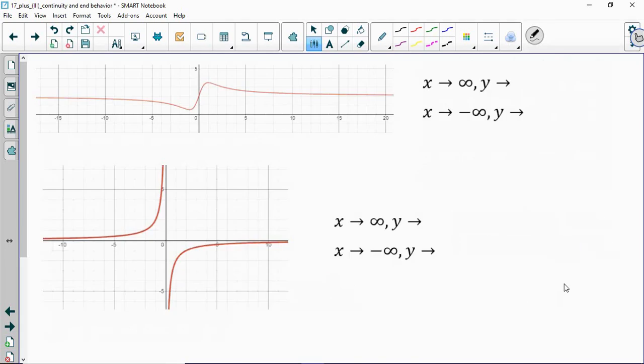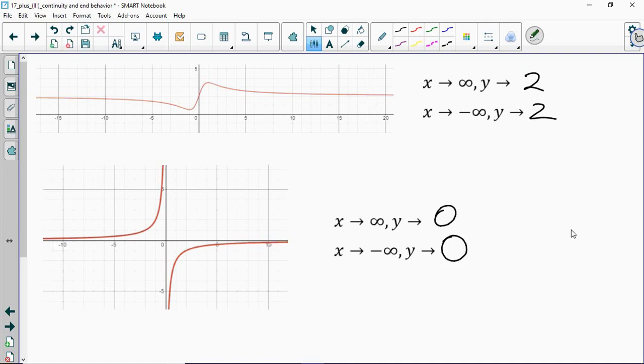Here are some examples with asymptotes. In this example up top, it seems that as x approaches infinity or negative infinity, the y value is approaching, in both cases, 2. In the example below, again, as x goes to positive or negative infinity, the y value is approaching 0.